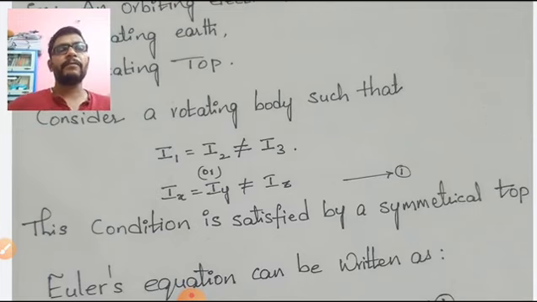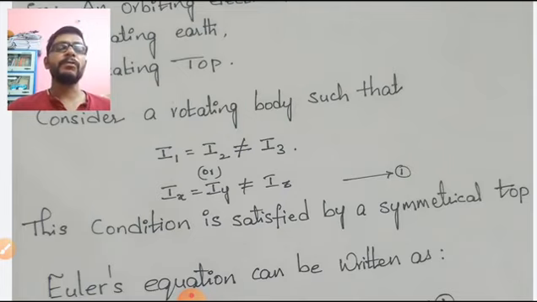The inertia along the x direction and y direction is the same, but they are not equal to the inertia about the z-axis. This condition is satisfied by a symmetrical top. I have already covered what is an asymmetrical top and what is a symmetrical top under different conditions.